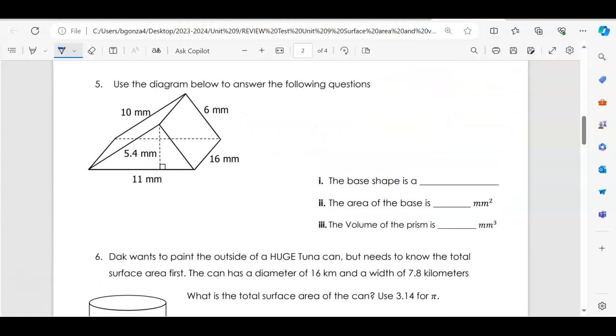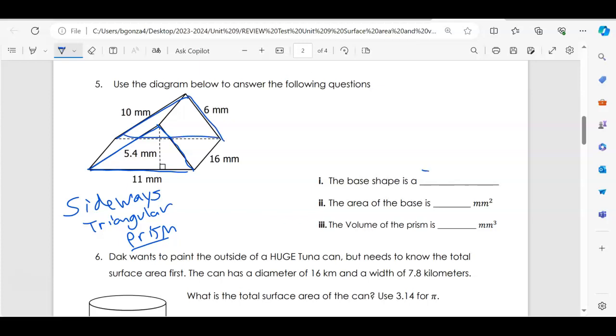Number 5. This is a sideways triangular prism. So the base shape that's parallel to the other side is a triangle.